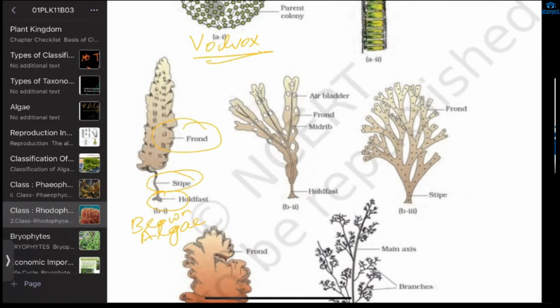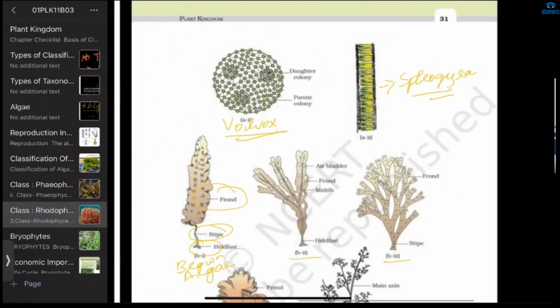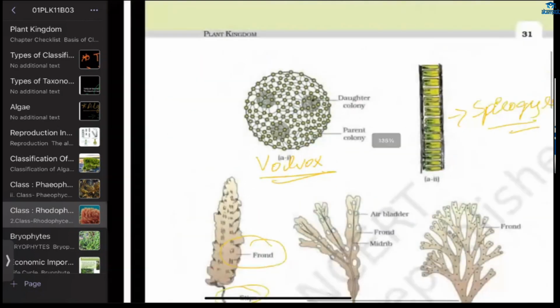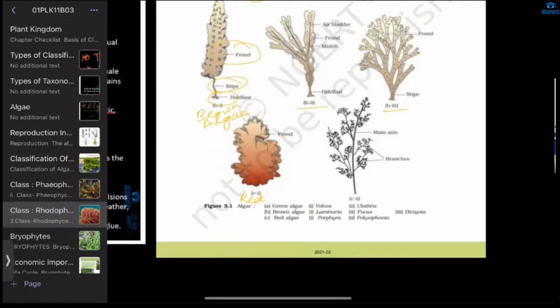Okay, these 1st, 2nd and 3rd, these all are brown algae only, and this one is I think a Spirogyra. I have to check it once. Spirogyra, because Spirogyra is only a filamentous form, and this one is the red algae. Okay, so the second one is Ulothrix, not Spirogyra. It is Ulothrix. Okay, and here it is written what is what.